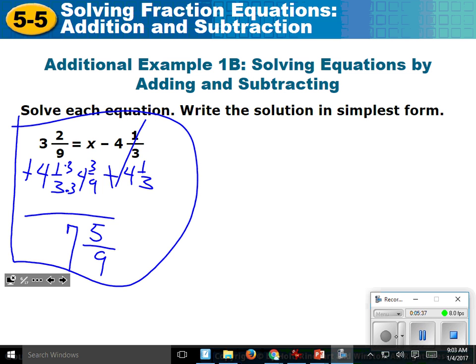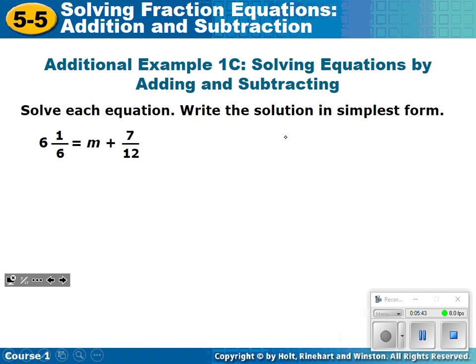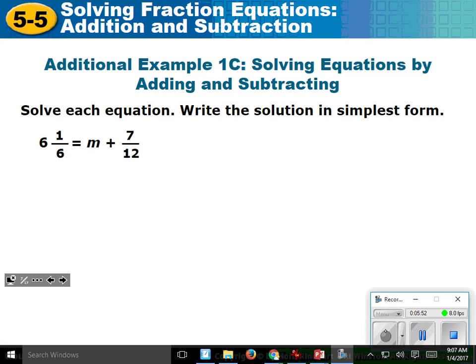So let's try one more. Show you, for those of you that are still struggling. Remember, we have m plus 7/12, so we have to do the opposite. So we subtract 7/12 here. We subtract 7/12 here.